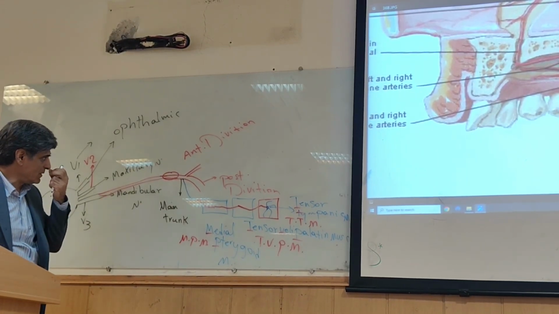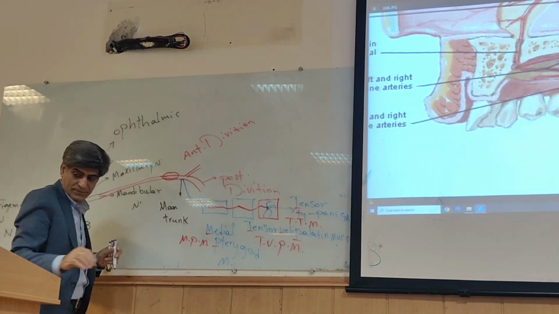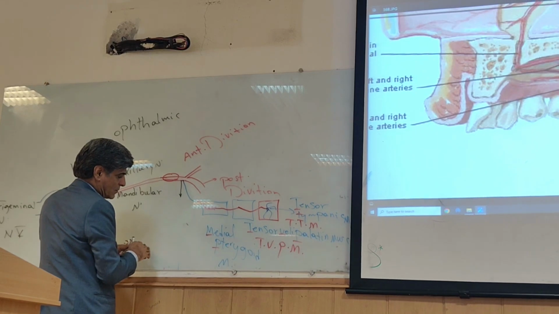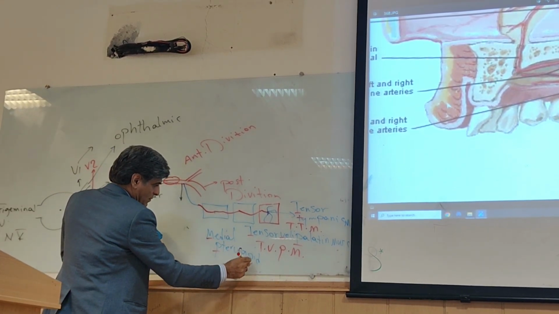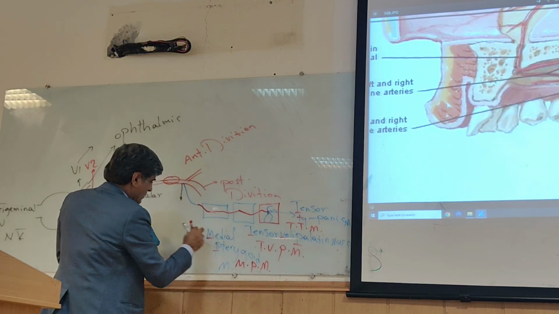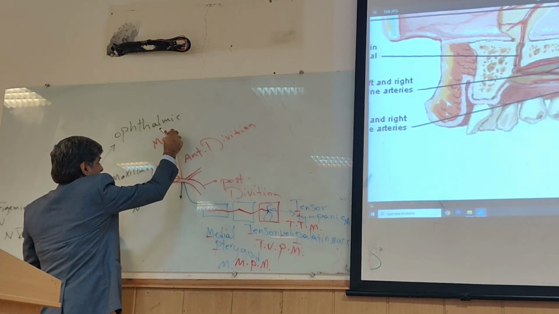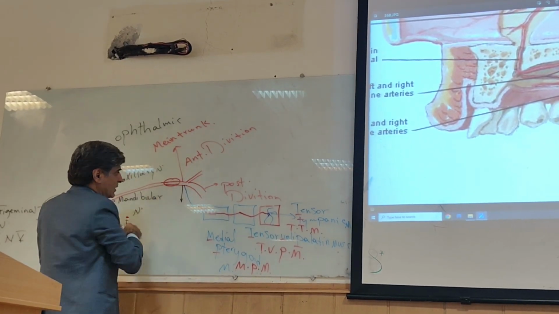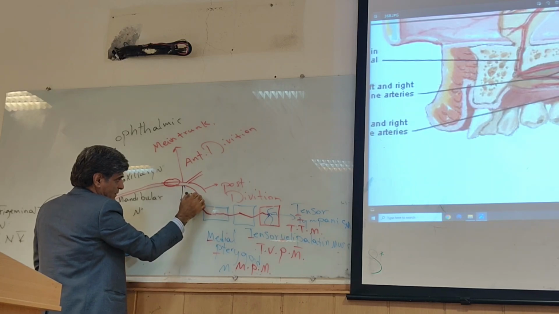Branches of the posterior division. The posterior division contains three branches.